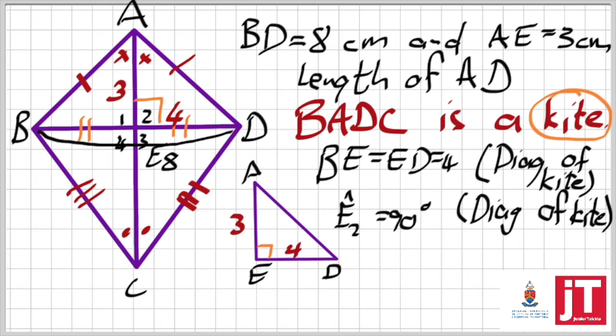That's why you have to write it down. Technically, your teacher can say, if you don't have the 90, I'm not going to mark further because you can't use Pythagoras. Then I simply calculate AD as being 5 centimeters because of Pythagoras. Don't forget to give a reason.